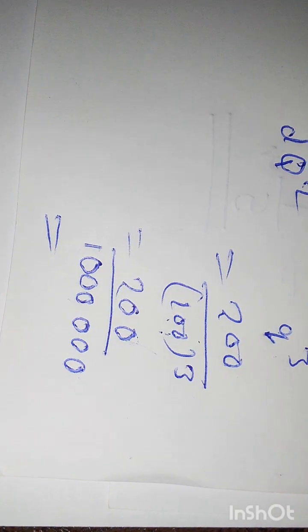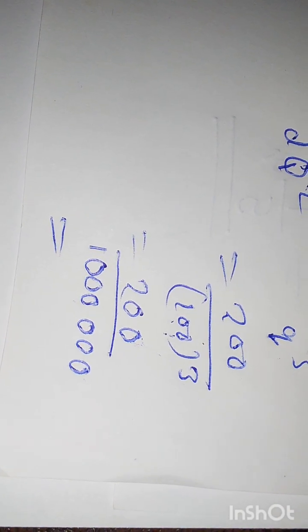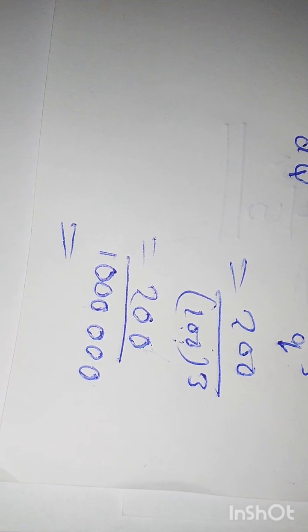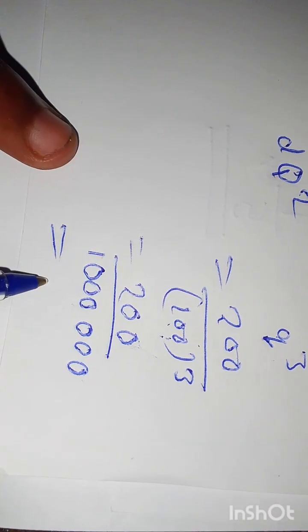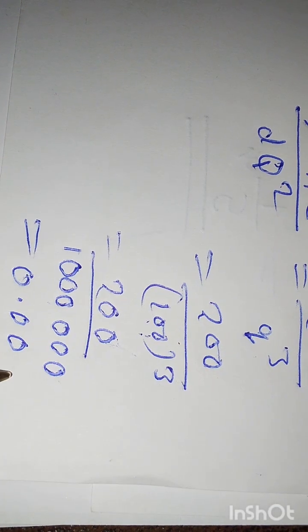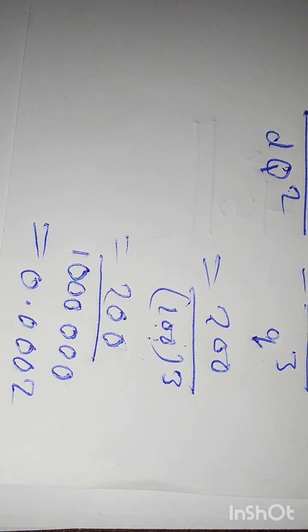If we divide 2 by 10,000, we're going to have 0.0002.